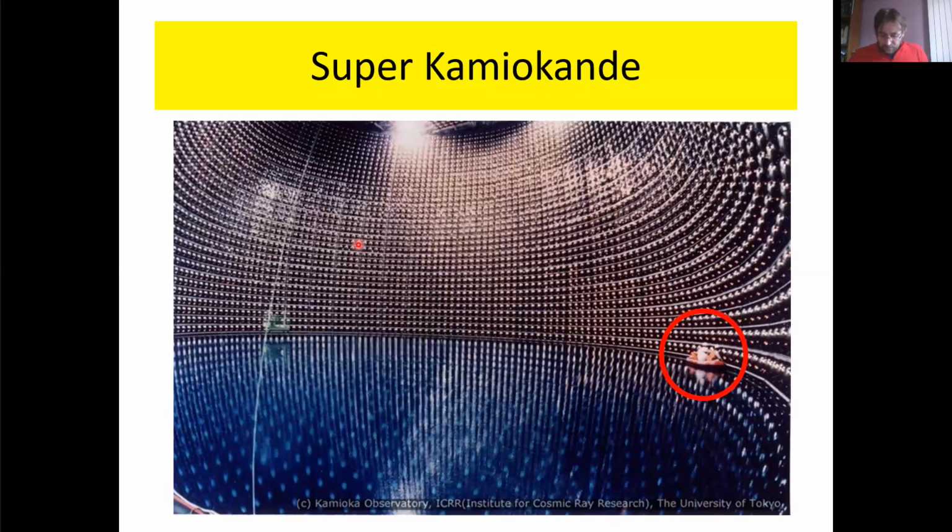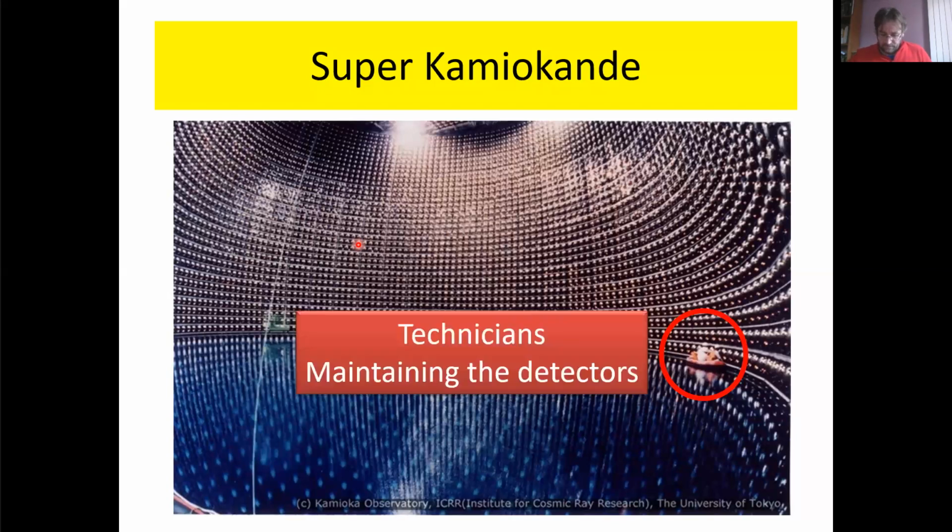Well, by the way, what you see here on the right-hand side is a rubber boat with 3 technicians of average Japanese size, or I think they are average size. Of course, they are sitting. And what they do is they maintain the detectors at the moment. Occasionally there are breaks, and then you need to change it.